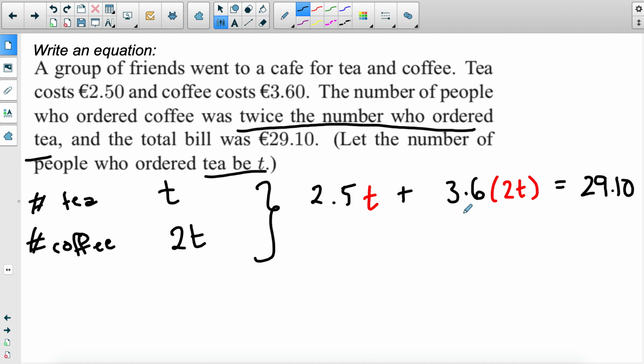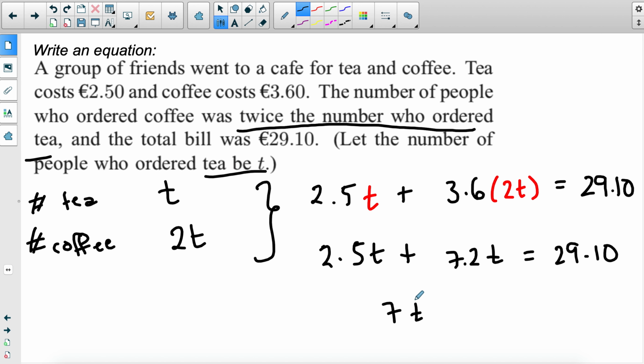Now, this you can simplify. Always simplify the variables you have. This cannot be simplified, 2.5T. This can be simplified, and so it's going to be 7.2T, which is equal to 29.10. You can simplify this further if you want to.